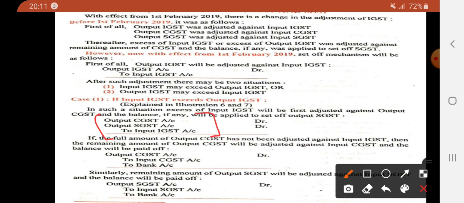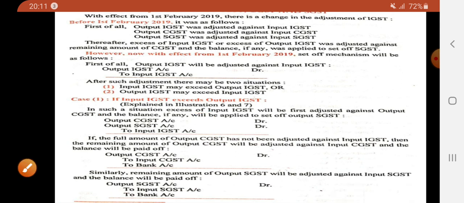This also you will understand when you see the numericals. Similarly, the amount of output SGST will be adjusted against input SGST and the balance will be paid off. So the output IGST will be adjusted with the input IGST.